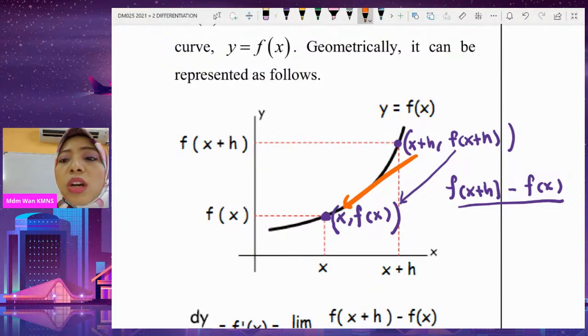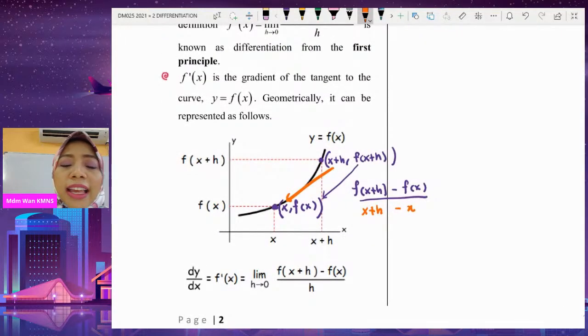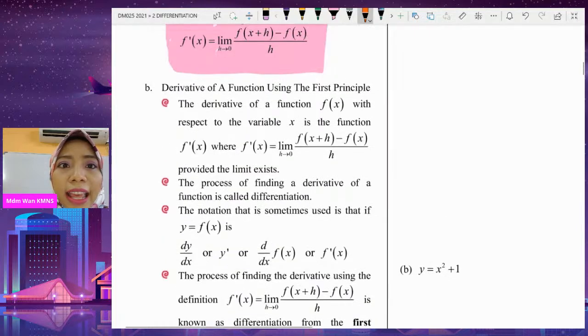Now I am finding the difference of x. So the difference of x is x plus h minus x.